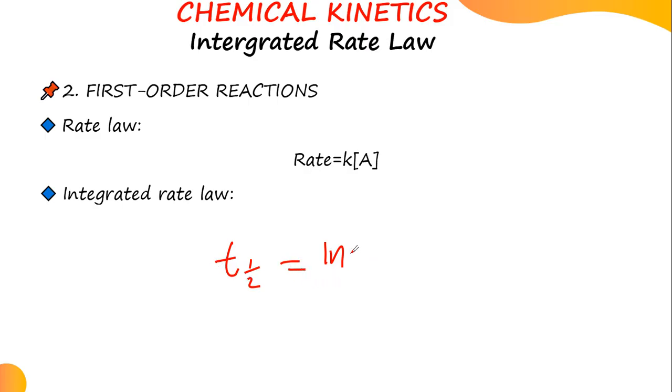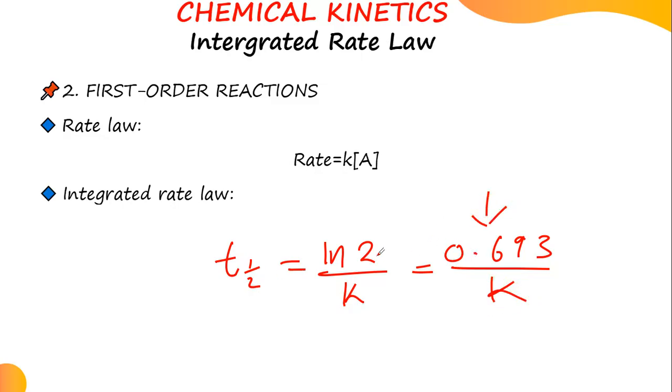So it's going to be ln of 2 over k. This also can be written as ln of 2, when you calculate, you're going to get 0.693 over the rate constant k. So just use this one direct if you want. Once you have this in numbers, just divide it by your rate constant.